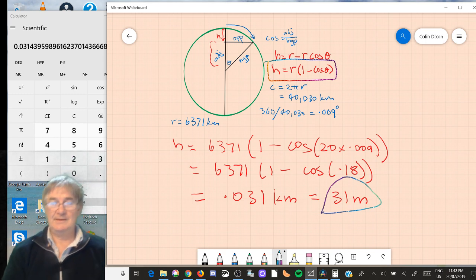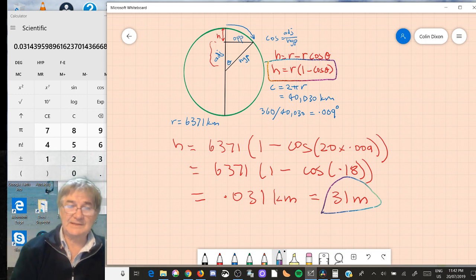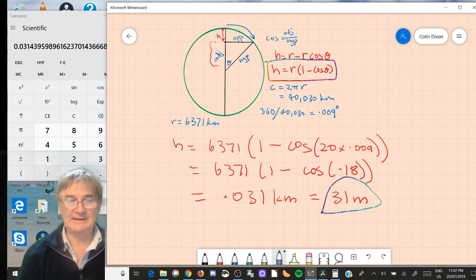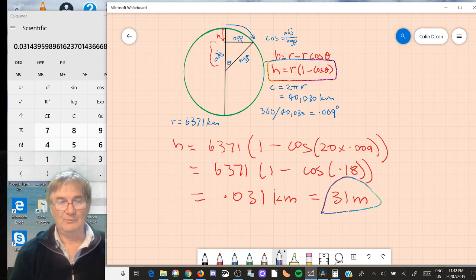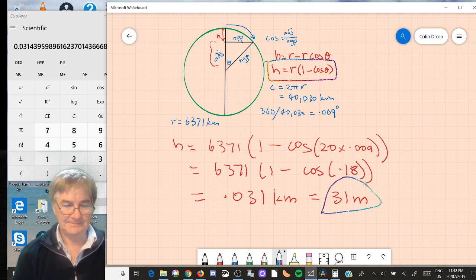Okay, so there we are. That's how to work out the curvature of the Earth using trigonometry. Hope that was helpful and a bit of fun. Again, this is part of the critical thinking course. What we're using here is facts.